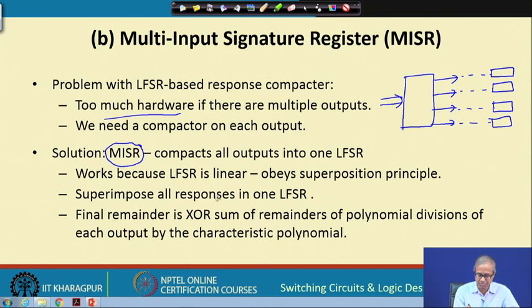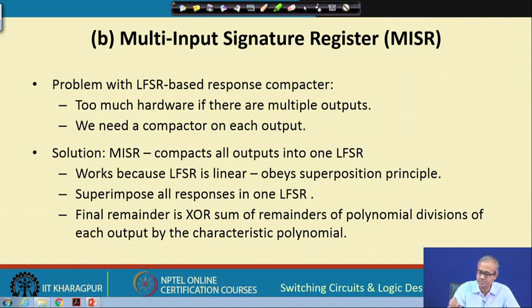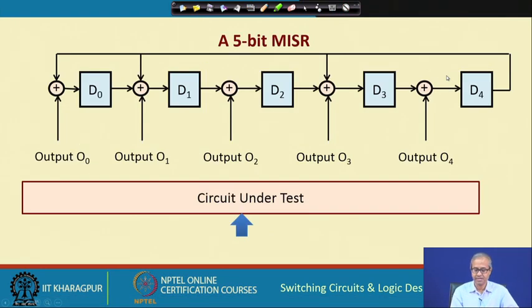You do not have to remember all these details, because LFSR is linear, you can compress all the output bit streams in a single LFSR. The final response will be the same as if you XOR these responses. Let us see how this circuit looks. An MISR looks like this.